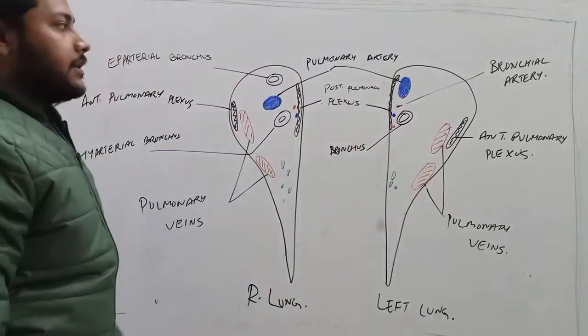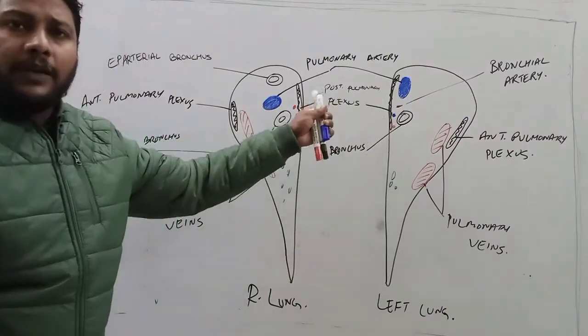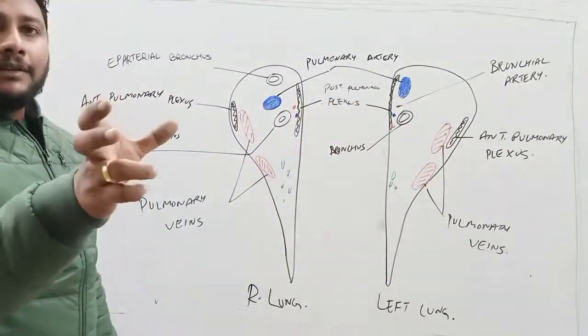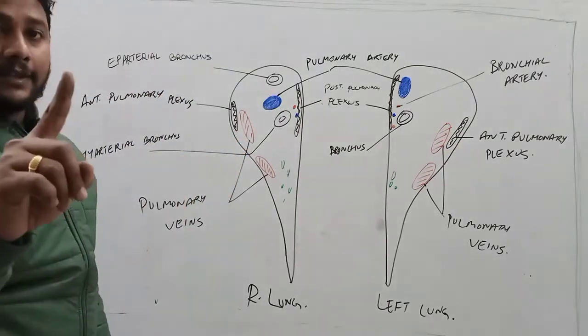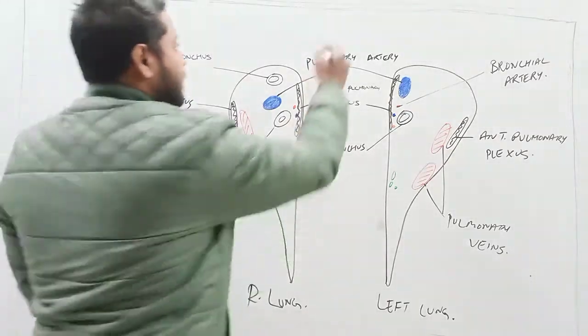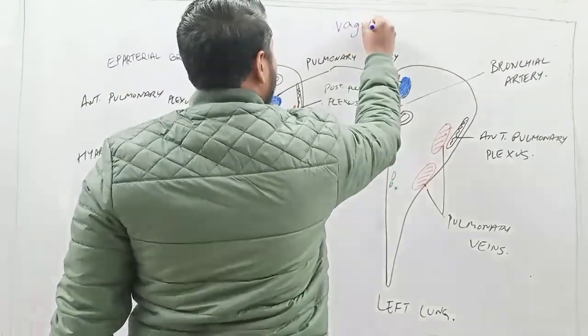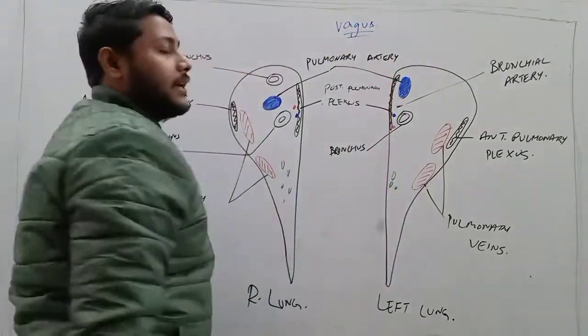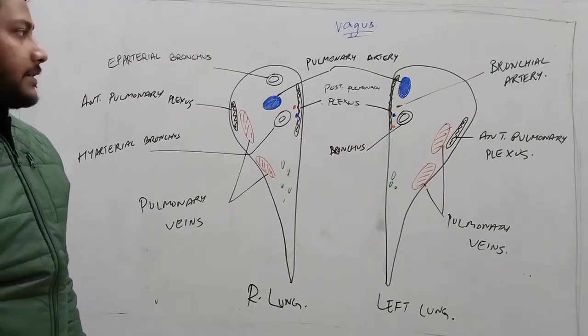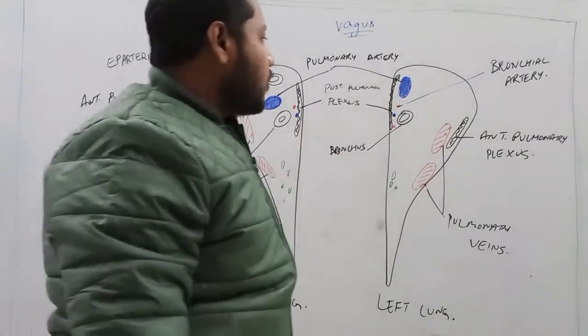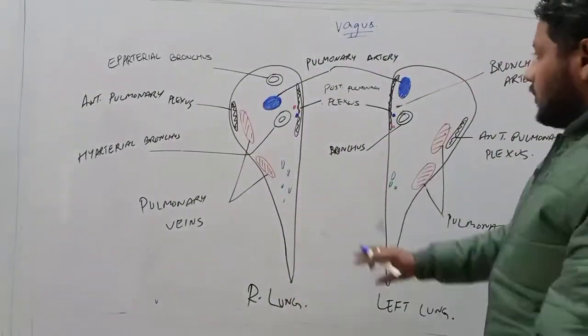So the lung is supplied by the autonomic nervous system. That means the parasympathetic nerve supply is derived by vagus. What it does is, the vagus is secretomotor to the muscles of the bronchus.